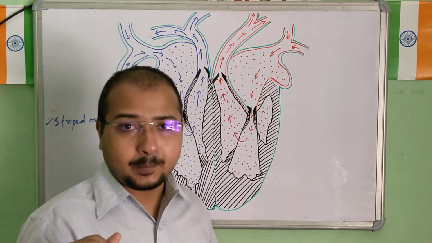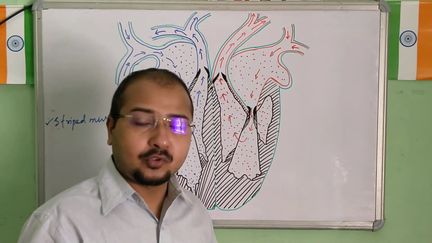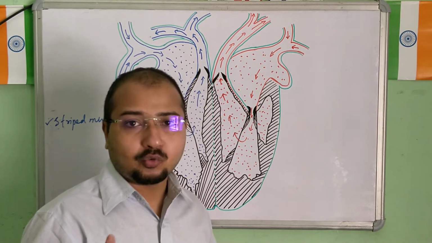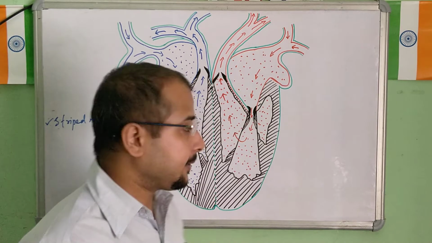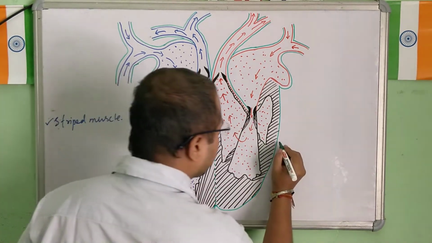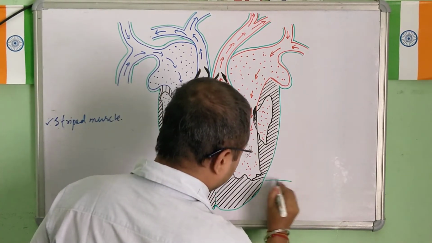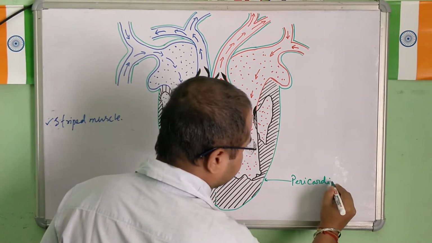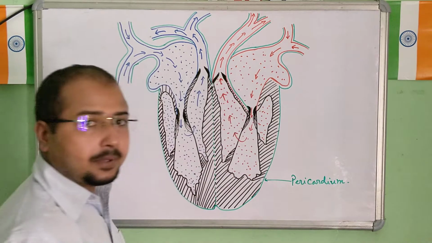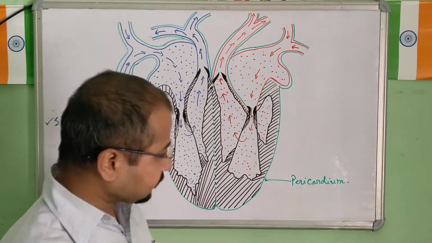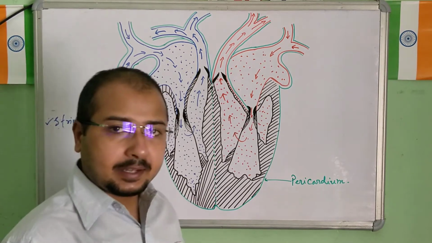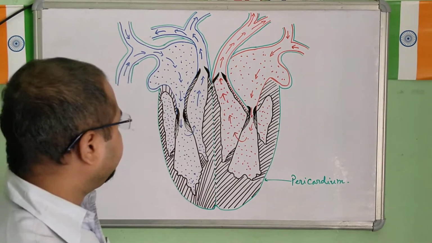This pericardial fluid helps in the proper movement of the heart without any obstacle. So you can name this as the pericardium, the membrane of the heart. Clear? The pericardial fluid is present in between the two layers of the membrane.